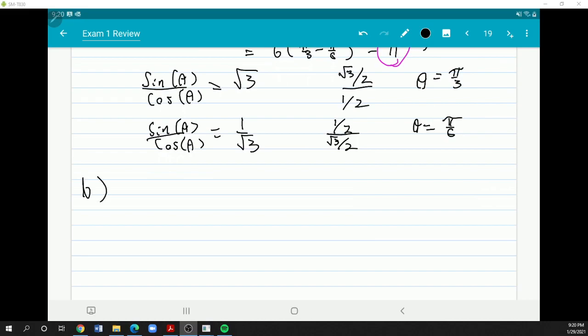Alrighty. And then part B asks us now to integrate minus cosecant squared of x over the square root of 1 minus cotangent squared of x dx.